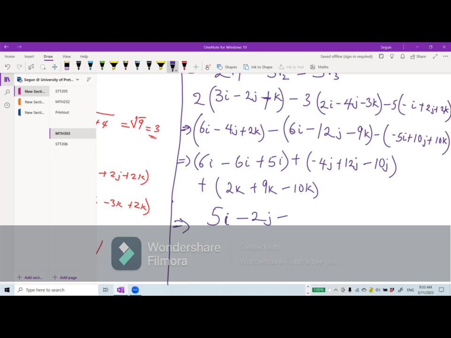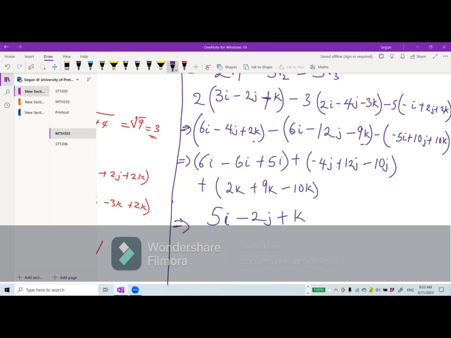Let's check this one again: k, 9k, and negative k. So in this case, we have 11k minus 10k, we have positive k.